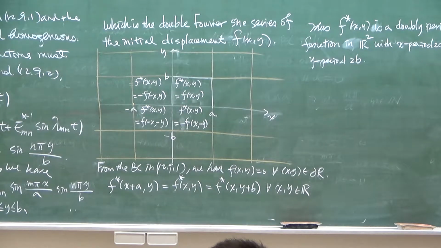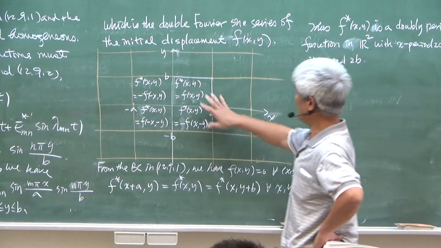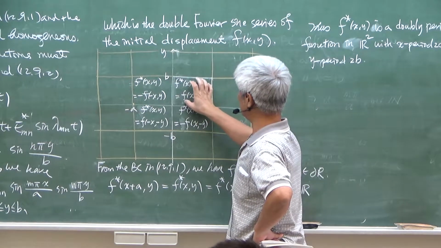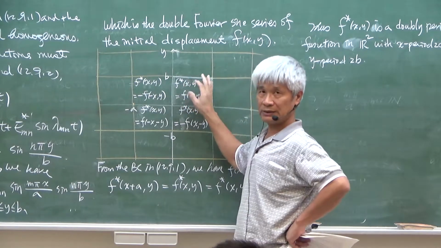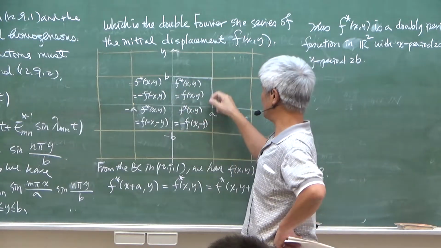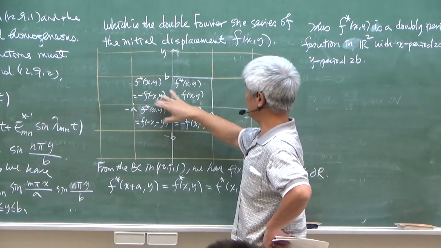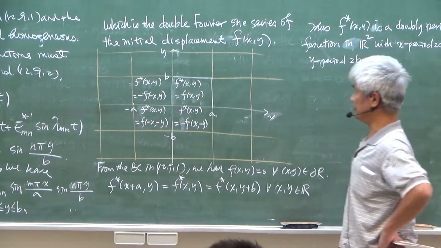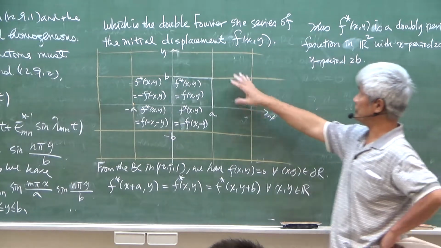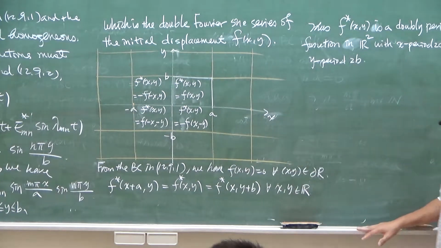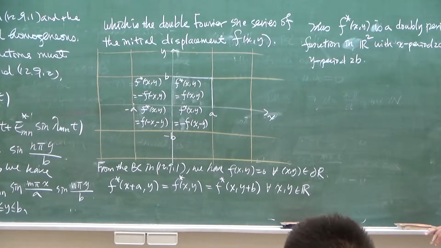So I have to modify my description. I have to extend because this is just in one quadrant, just one quadrant here. So I have to extend that to a whole period, and then f star becomes a doubly periodic function in the plane.